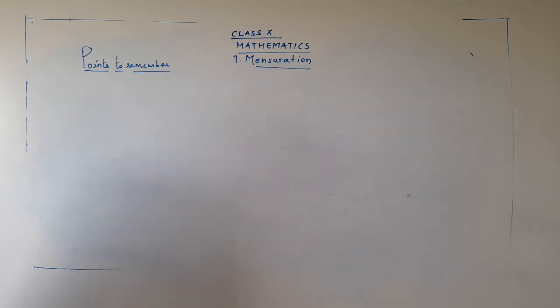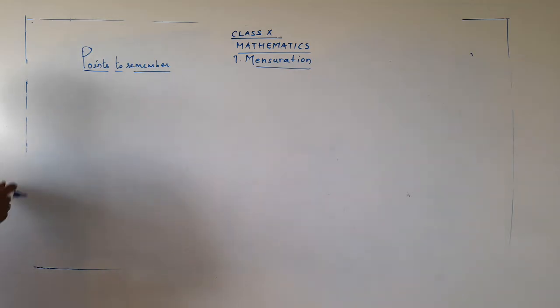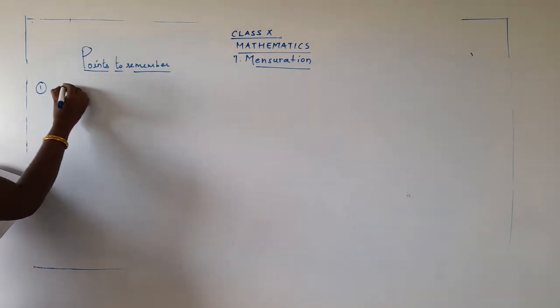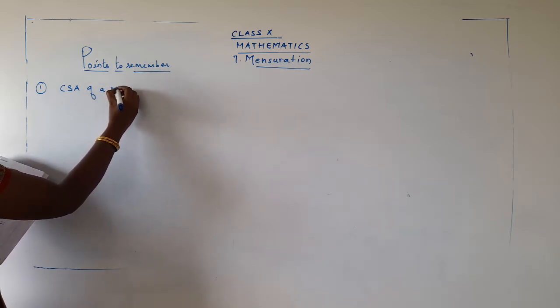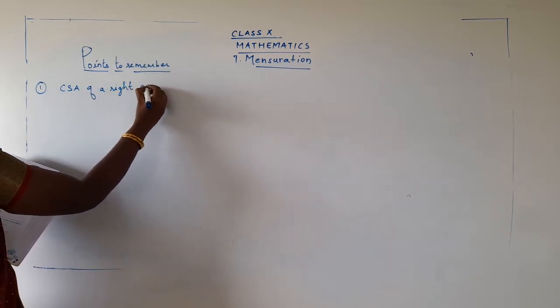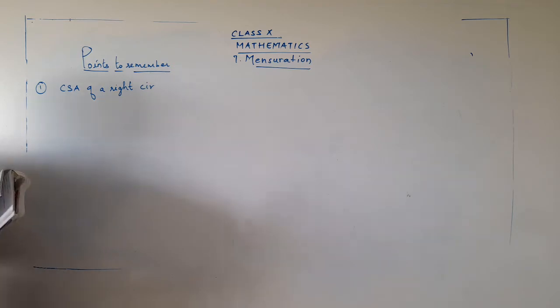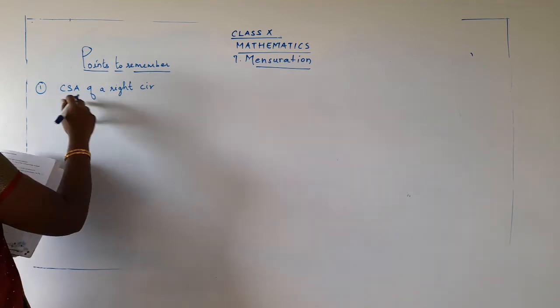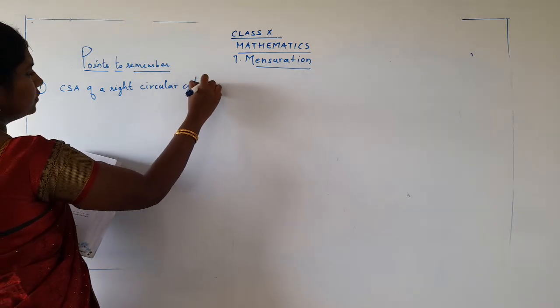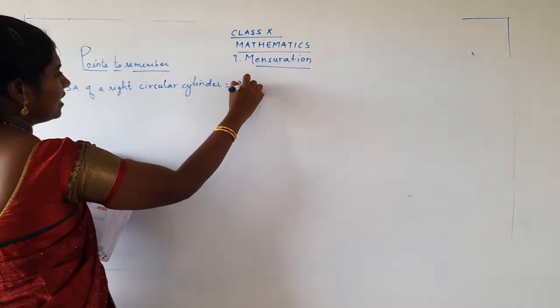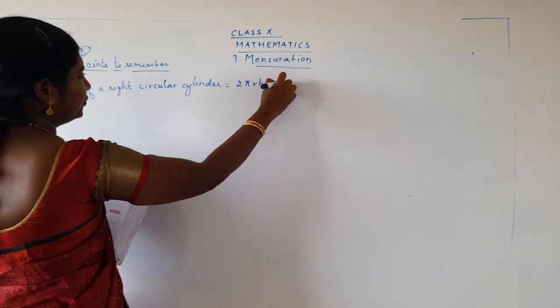Okay, we are going to talk about the formulas. Write down the formulas along here. The first one is CSA of a right circular cylinder. CSA is curved surface area. Curved surface area of a right circular cylinder is equal to 2 pi r h square units.